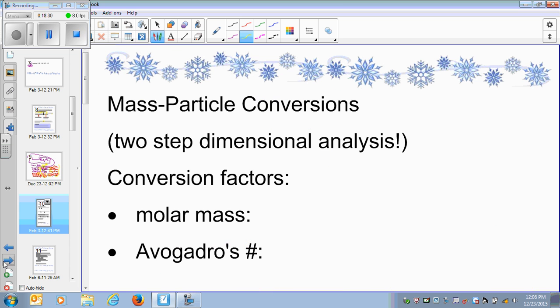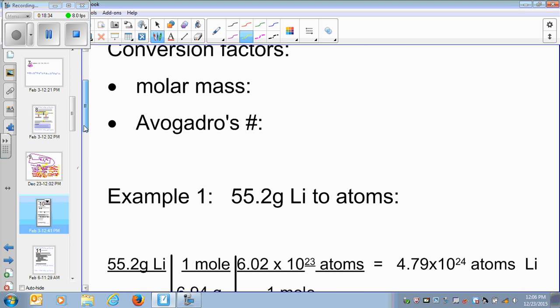Next, what if I have to do two-step? Like I have 52 grams of lithium into atoms. So if I have 52 grams of lithium into atoms, maybe I use a different color. What am I given? I'm given 55.2 grams of lithium.